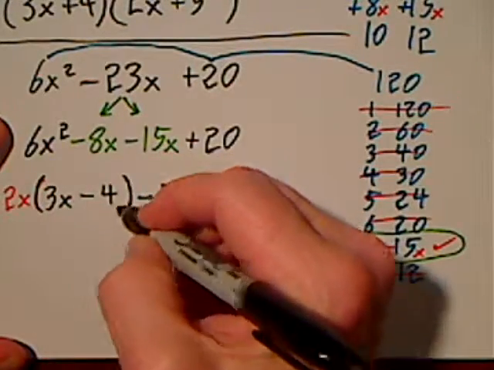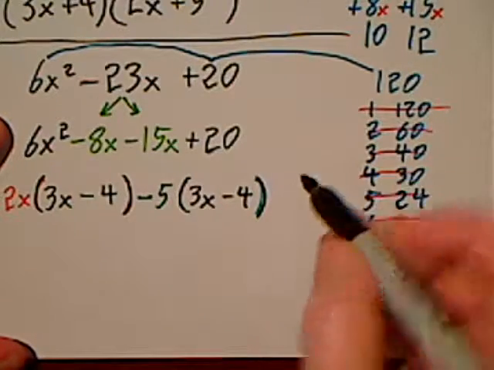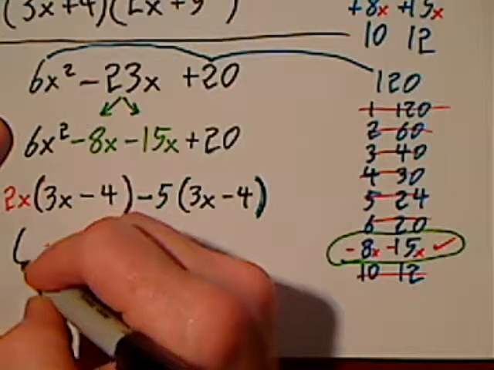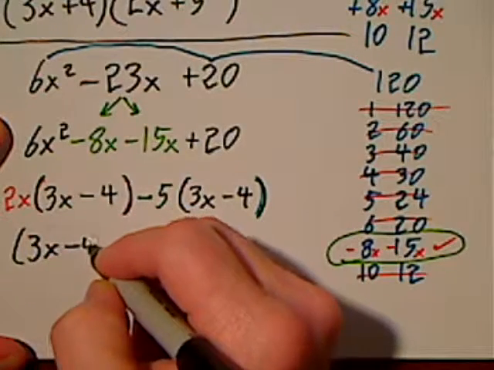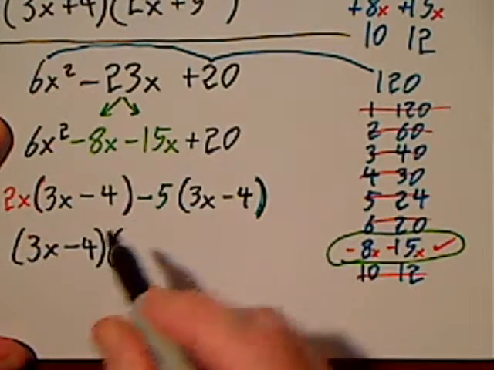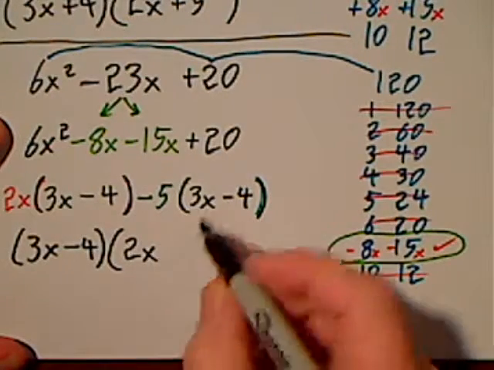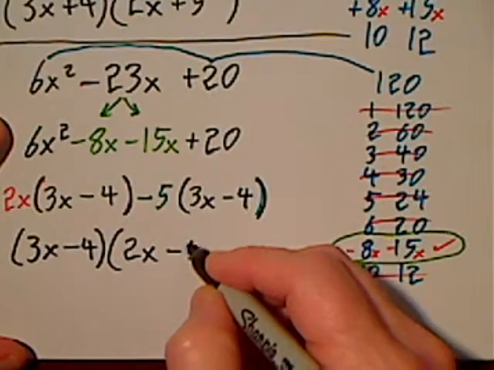Now notice my greatest common factor in parentheses here is 3x minus 4. That's what I'm going to factor out. And I'll be left with just a 2x and a minus 5.